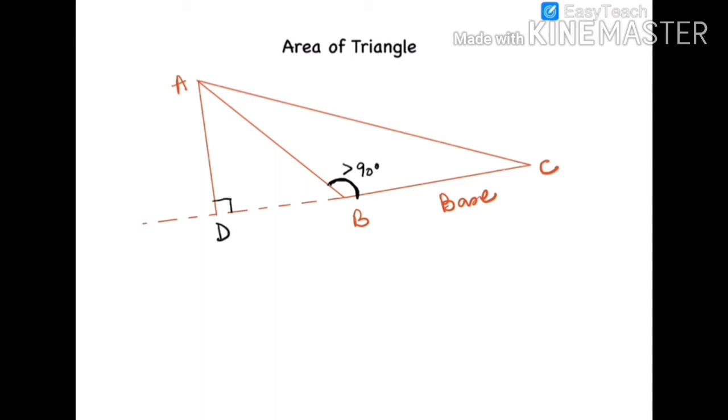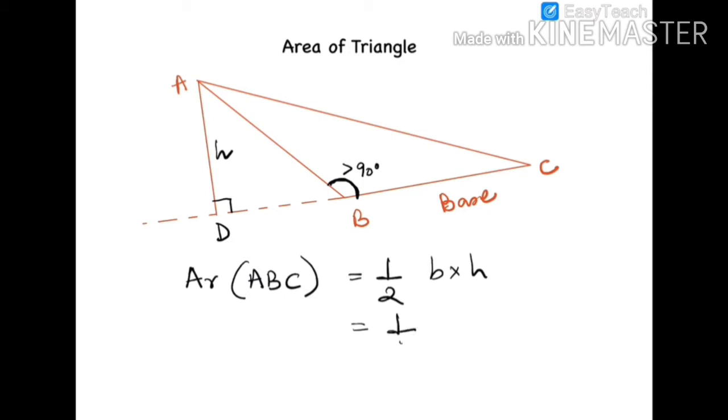So now AD is perpendicular to BC and the area of this triangle ABC will be equal to half base into height, that is half into BC into AD. This is something that you should already be knowing. Since this is a revision class, I am just going over the concepts.